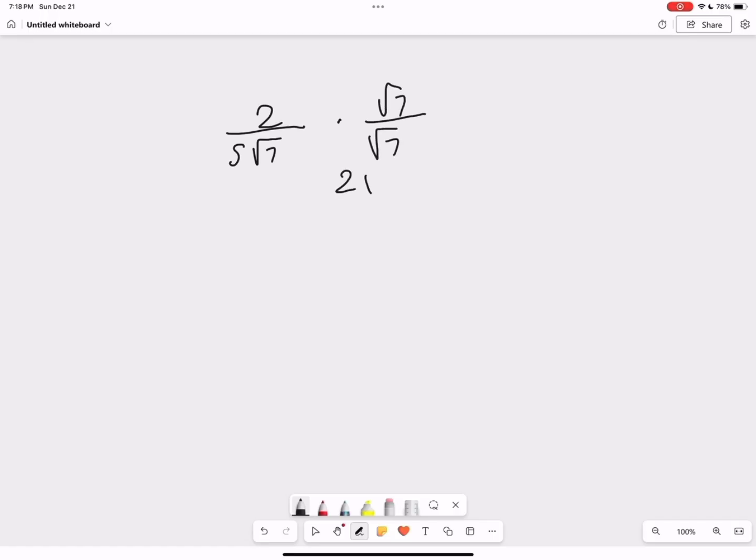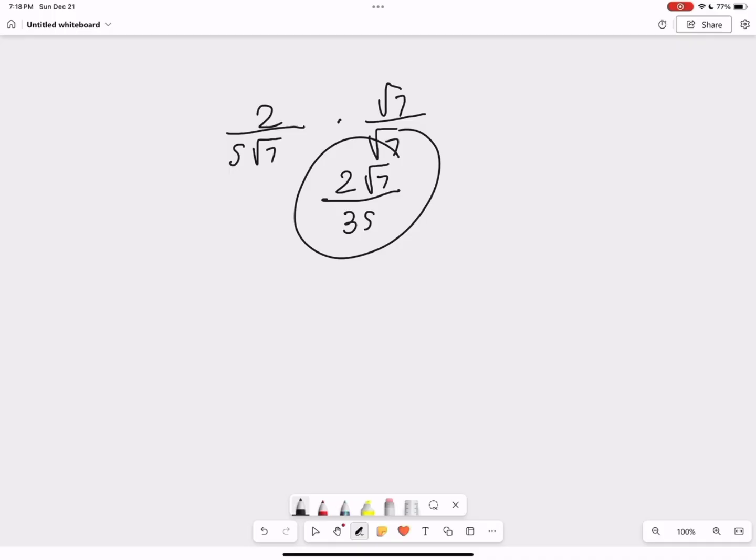So it's going to be 2 times the square root of 7. 5 times 7 is going to be 35, because remember, when we do the rationalizing, it cancels out and just becomes a 7. So it's going to be 2 times the square root of 7 all over 35. Okay, good. So that's how you rationalize.